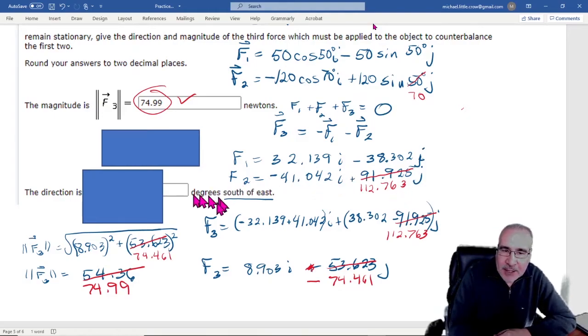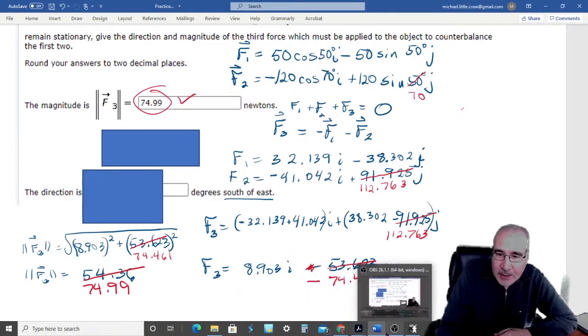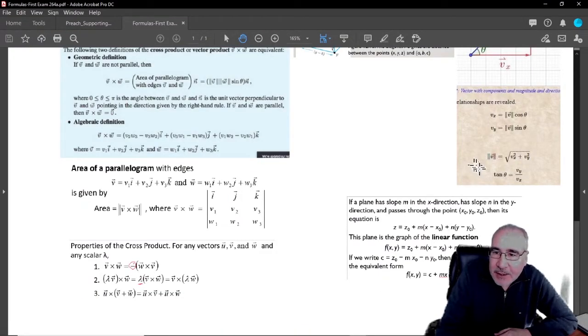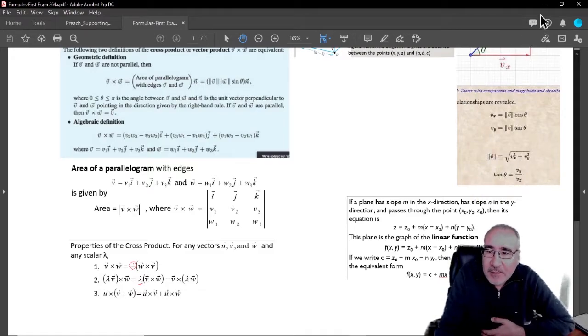Now we need to find the direction. So this is our x component, this is our y component. And remember from here, the tangent is the y component divided by the x component. So it's the arctangent of the y component divided by the x component. I mean, is that a z component? No, it's an x component.